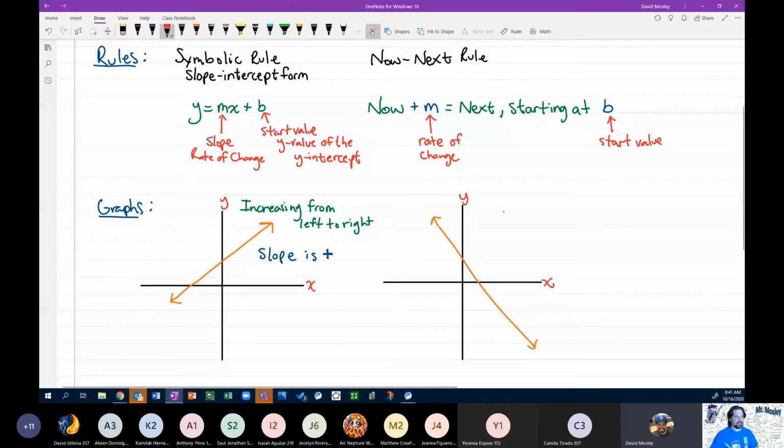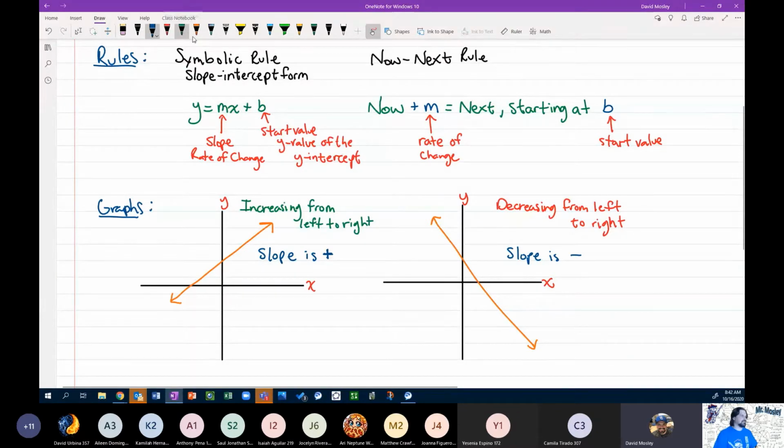In the case over here, where we are decreasing from left to right, this automatically means that the slope is negative. So we have slope being positive or slope being negative, and we can tell that just by looking at the graph. We get information.